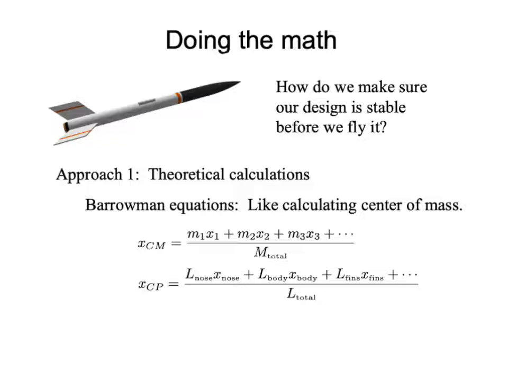In the case of the center of mass, you take a kind of weighted average of the locations of all the different parts of the body. And in the same way, for the center of pressure, you can take a kind of weighted average of the locations of the lift forces produced by the nose, the body, the fins, and so on. And from that, you can get the approximate location of the center of pressure.